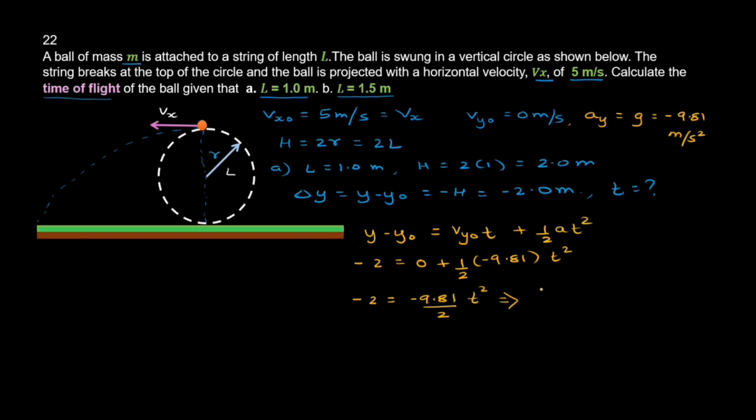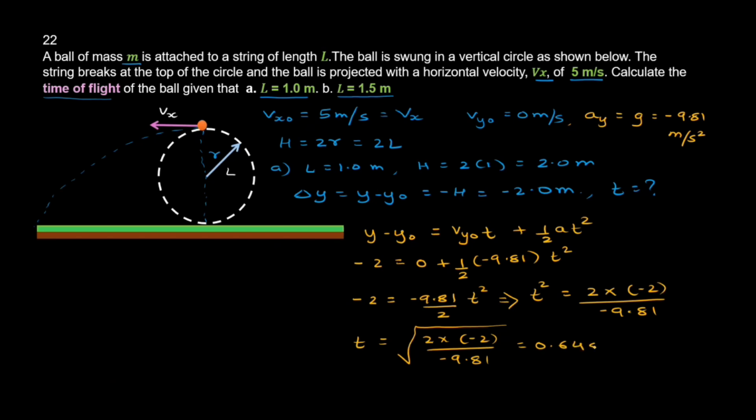So we can rearrange to write for t squared to be equal to 2 times negative 2 over negative 9.81. Now take square root. T will be equal to square root of 2 times negative 2 over negative 9.81. That gives me the time value to be equal to 0.64 seconds.